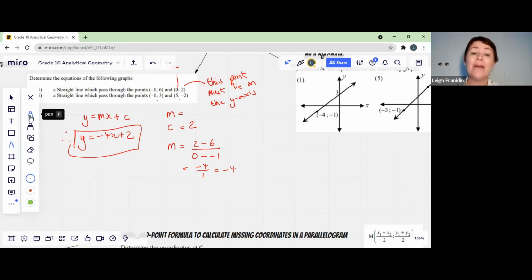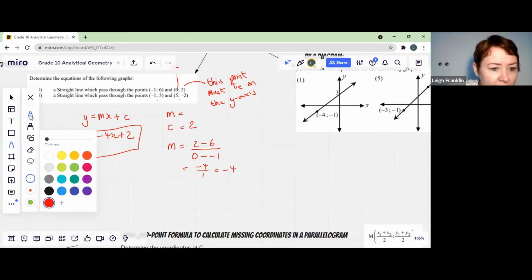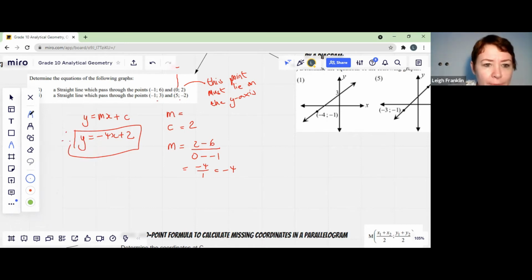So now we have to calculate m and we have to calculate c. We calculate m first using the gradient formula. So I'd like you to please calculate the gradient of that line in question number 4, and when you've got an answer, pop it in the chat for me.